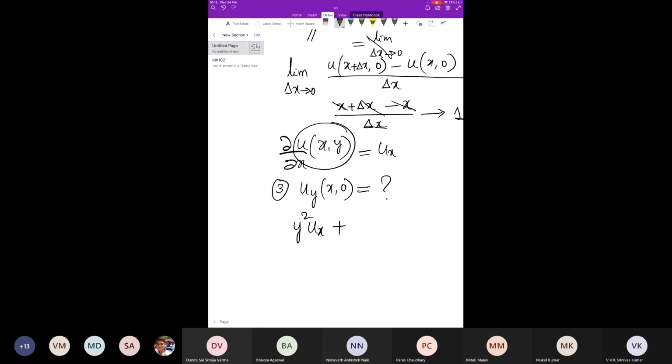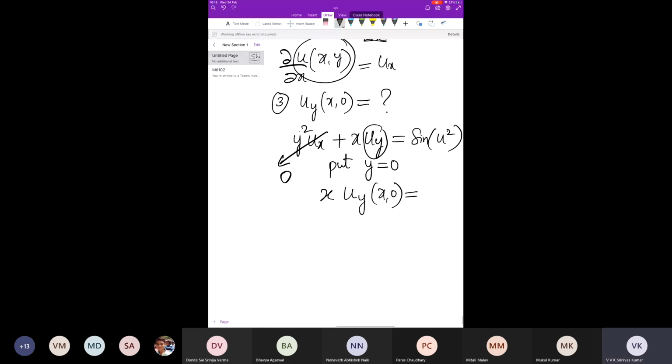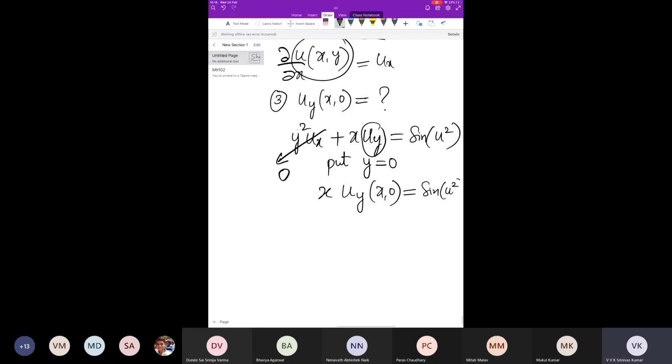So x uy at x comma 0 is sine u squared, so uy at x comma 0 is sine u squared upon x.